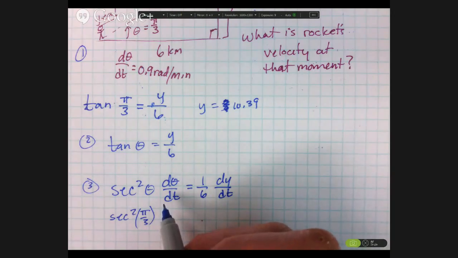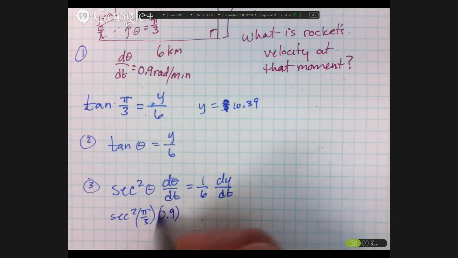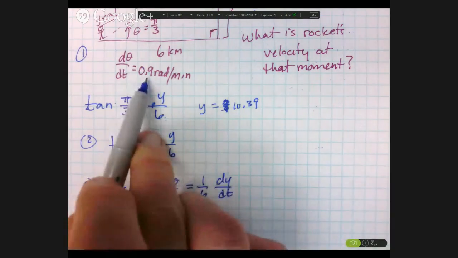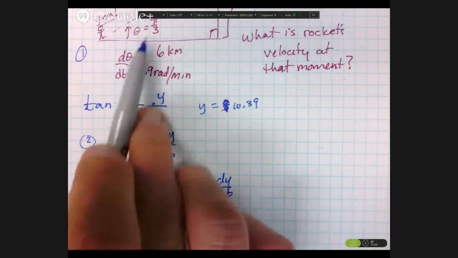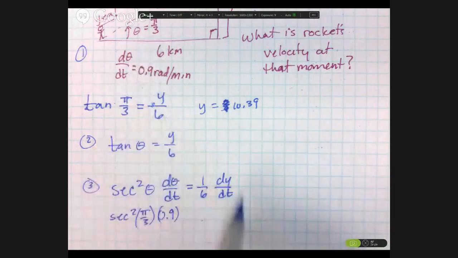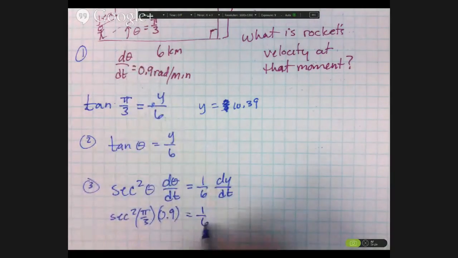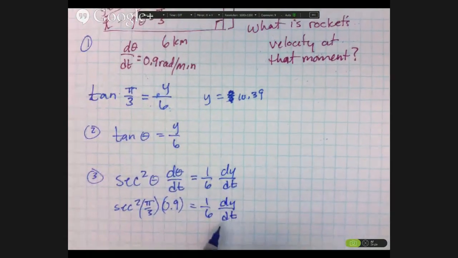How fast is the angle changing? Where did you get that? It's a given. So is the angle measure. Yes. The only thing that's not given is the rocket velocity. That's what we're going to leave as dy dt.